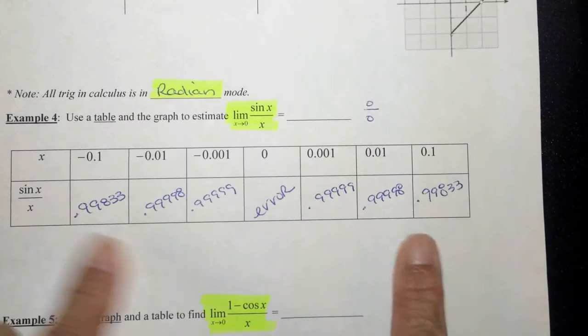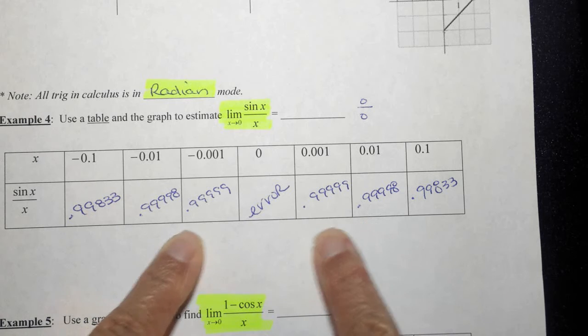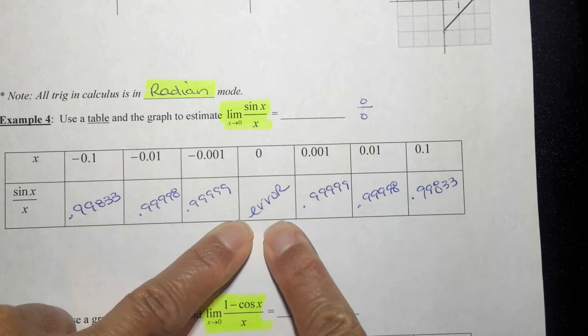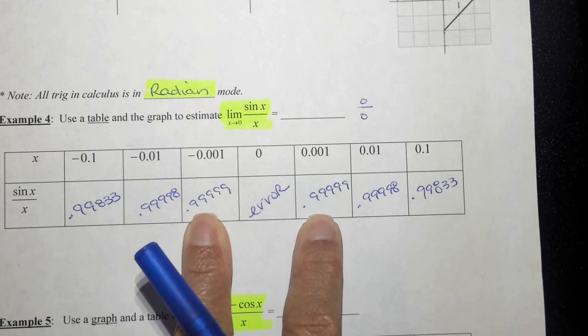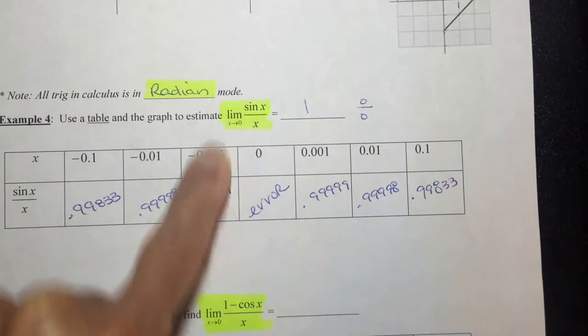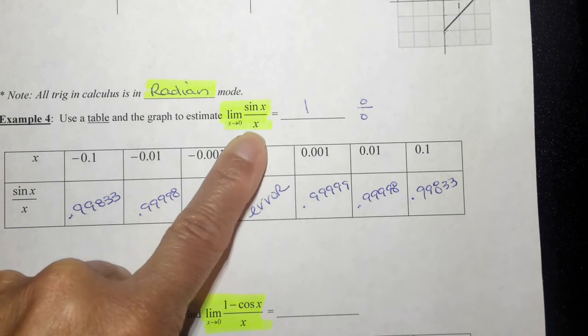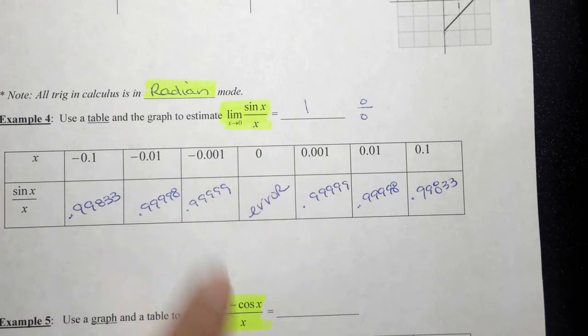So what we have to do is draw a conclusion. As I approach 0 from both sides, what is my value for y getting closer and closer to? In this case, the answer is 1. So the limit as x approaches 0 of the sine of x over x is 1. This is the behavior of the function.